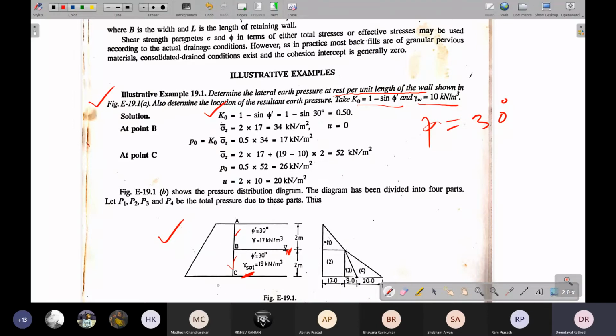For pressure at rest condition, we have to find K naught first, for the first soil, because K naught is the same for both soils, I think. Then after finding K naught, first find out the effective vertical stress.